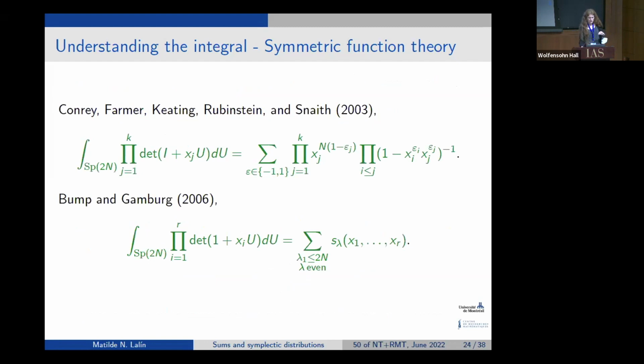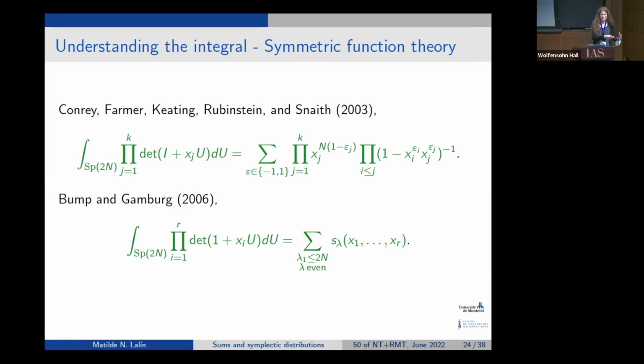And then there is a result of Bump and Gamburd that says that if we take the integral of the product of the characteristic polynomials on symplectic matrices of dimension 2n, that integral has, for example, a formula that shows up in a paper of Conrey, Farmer, Keating, Rubinstein, Snaith. But it can also be written using Schur functions.